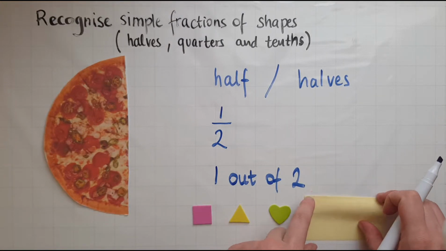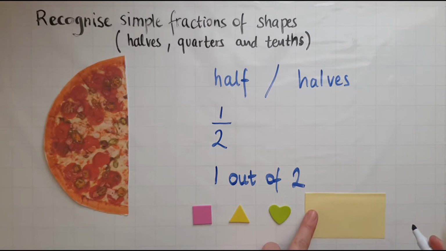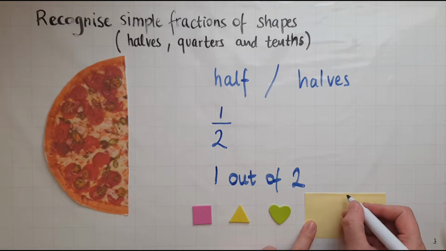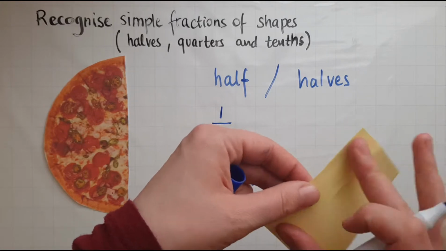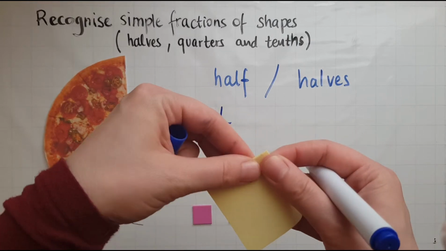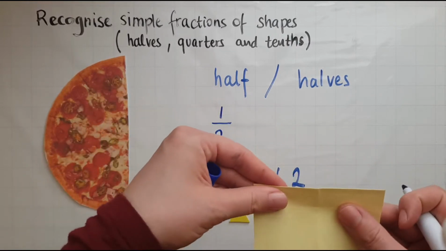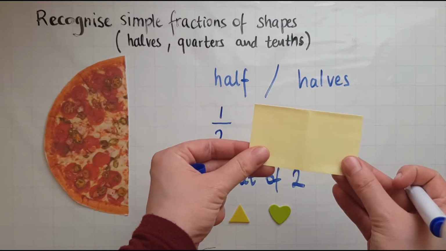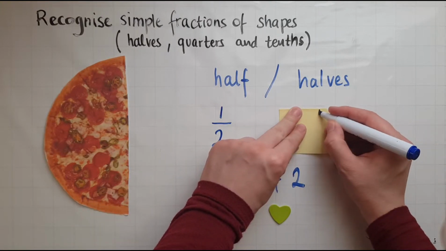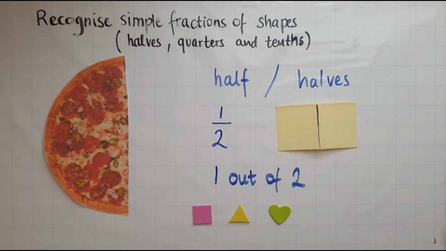I've got a rectangle here. I could cut it in half by folding it first to be a bit more accurate. There we go. I've cut it into two halves. But I could have done something else.